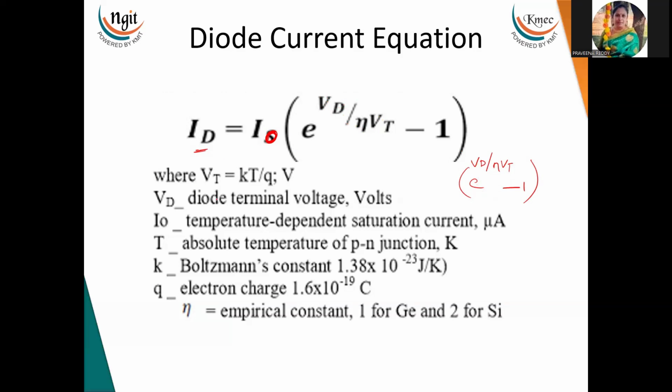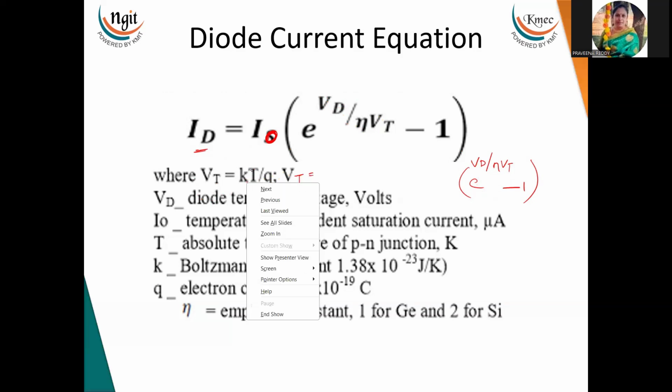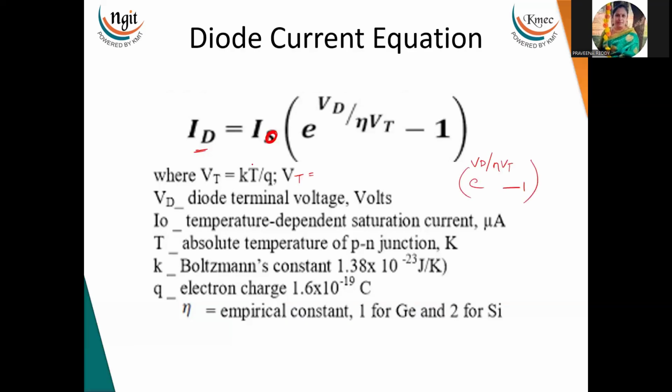Now where Vt is the thermal voltage or temperature dependent voltage, and Vt is equal to K into capital T divided by Q, where K is the Boltzmann constant, T is the temperature in Kelvin and Q is the electron charge. And Vt we can also write as capital T divided by 11,600.